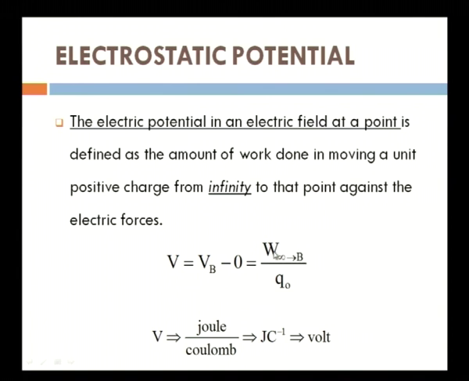So, the electric potential at the point is defined as the work done in bringing a test charge from infinity to B. The symbol infinity to B is represented here per unit charge. The unit of electric potential is joule divided by coulomb and it is given a new unit called volt. So, the unit of electric potential is volt.